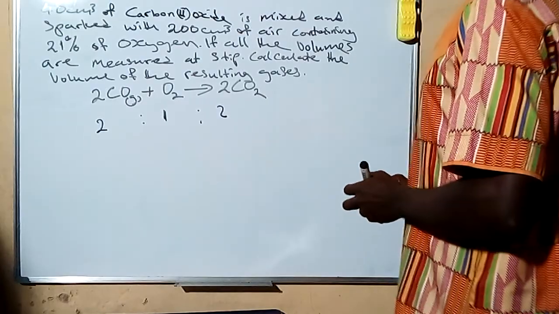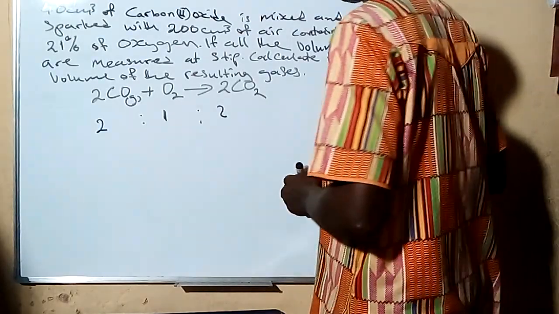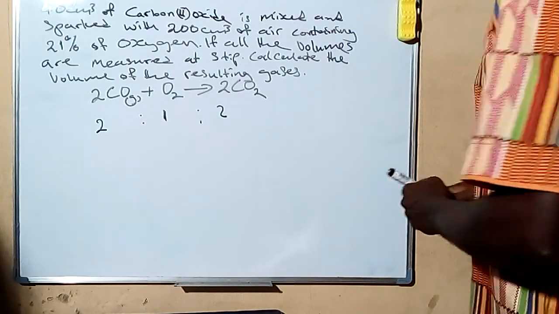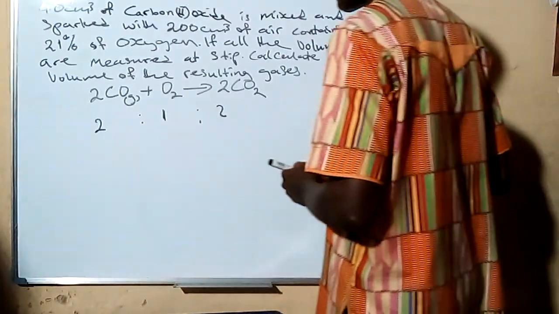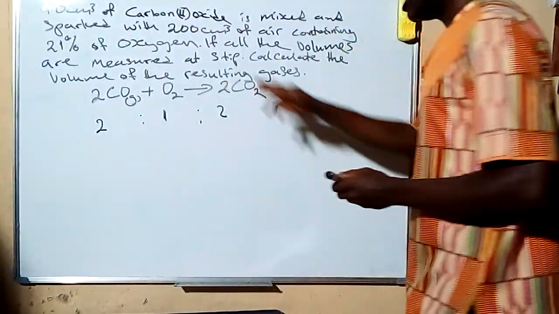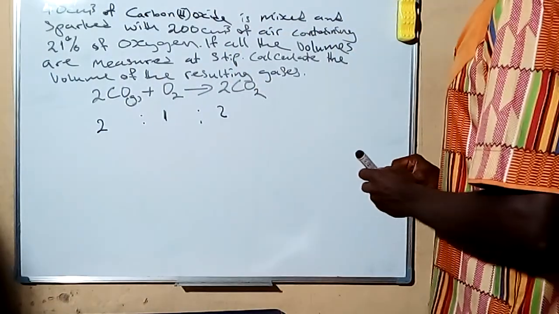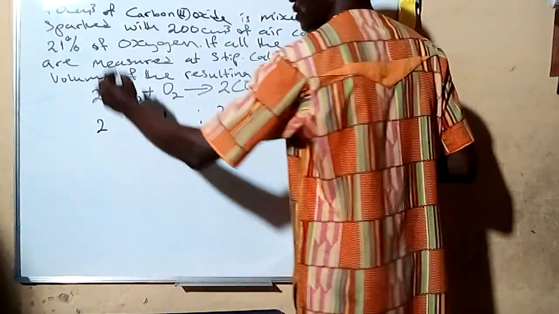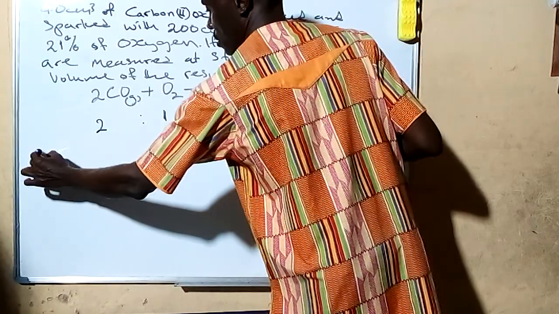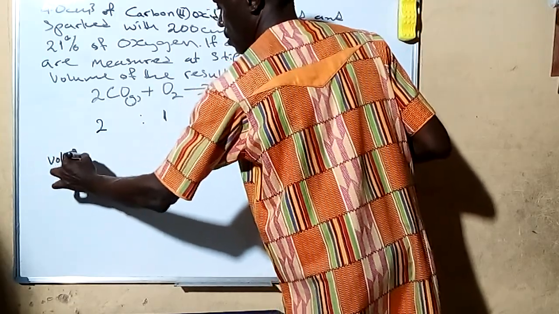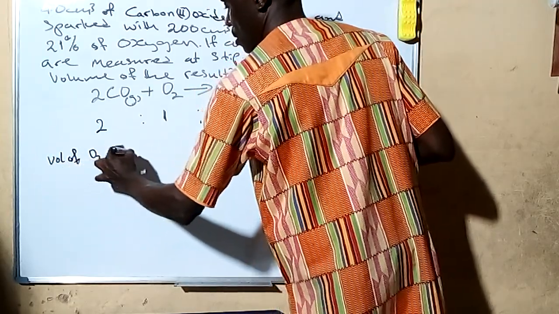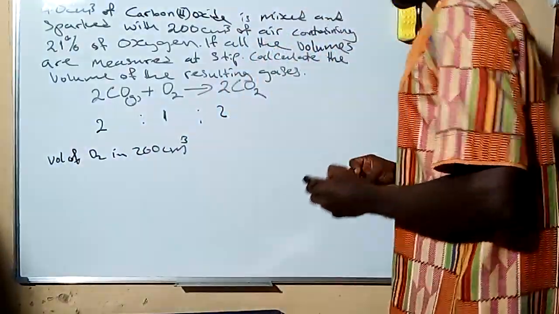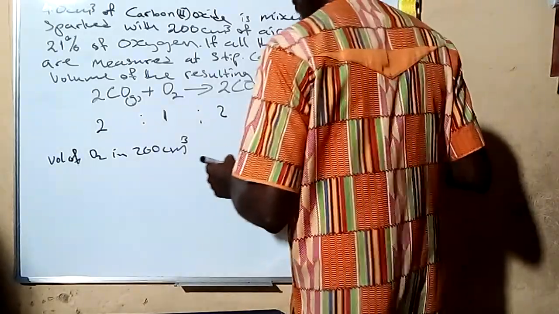So here we are given 200 cm³ of air containing 21% oxygen. So the first thing we are going to do is to get the volume of oxygen that is contained in 200 cm³. Volume of oxygen in 200 cm³ of air.